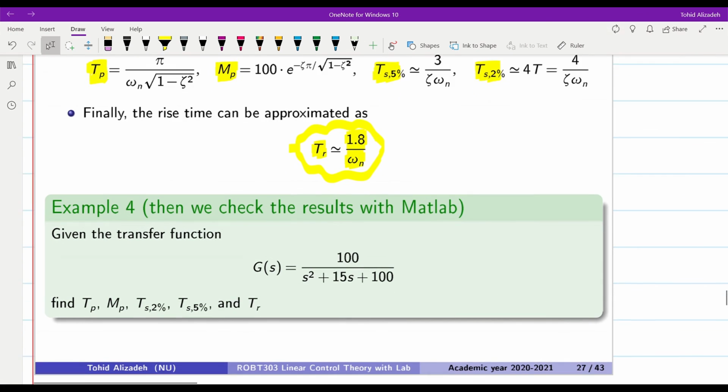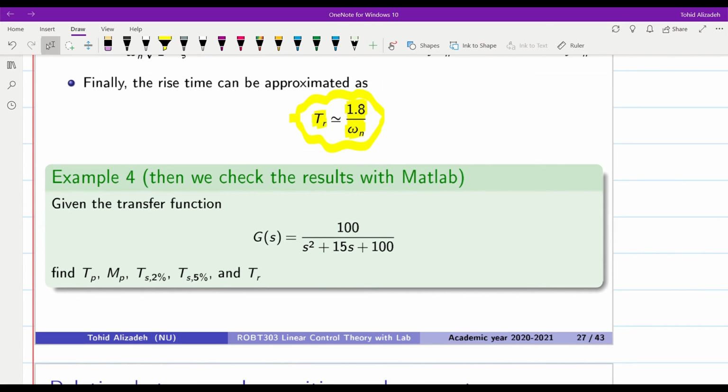Alright, now we can have a look at this example. We have the transfer function given for a system in the form of 100 over s squared plus 15s plus 100, and we want to find out the values for peak time, M_p, settling times, and the rise time. What we need to do here is to find out the ω_n and ζ values.